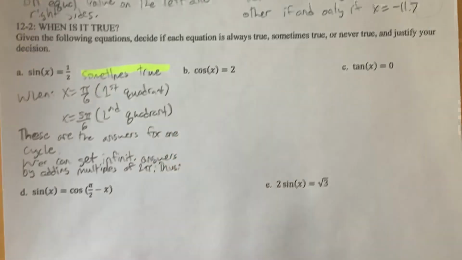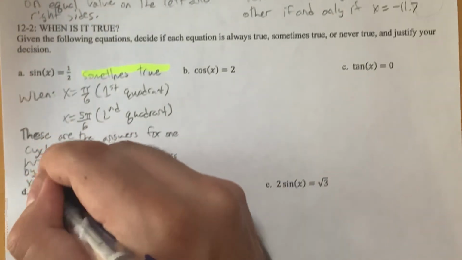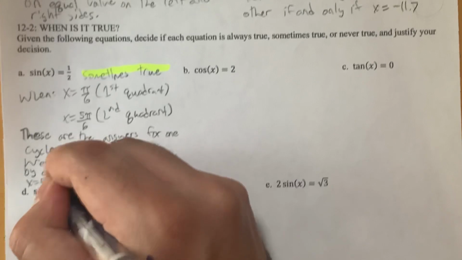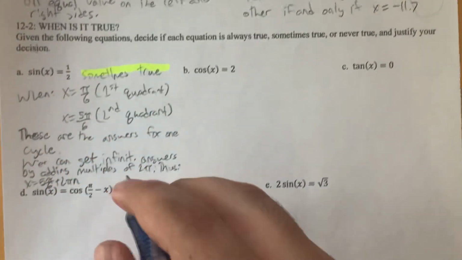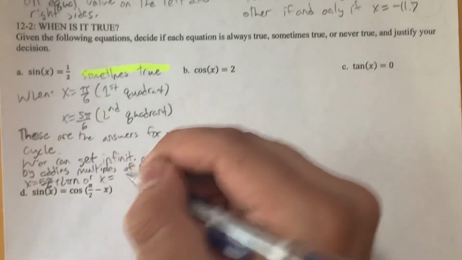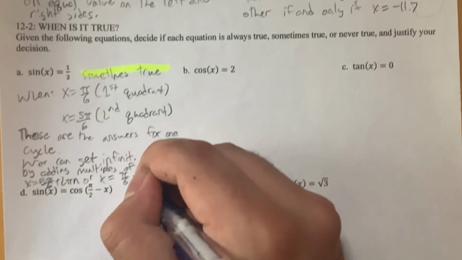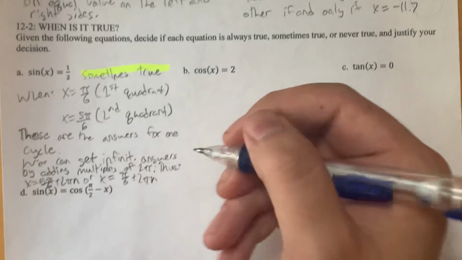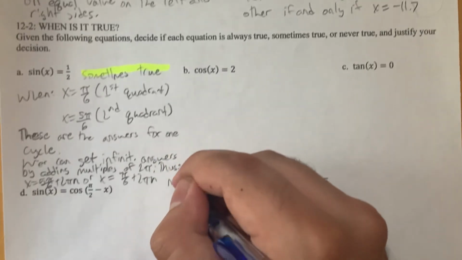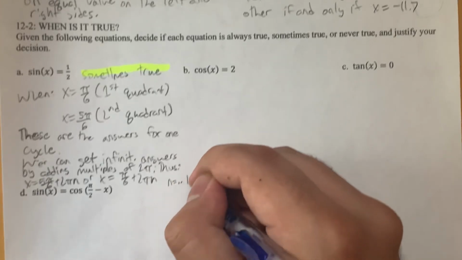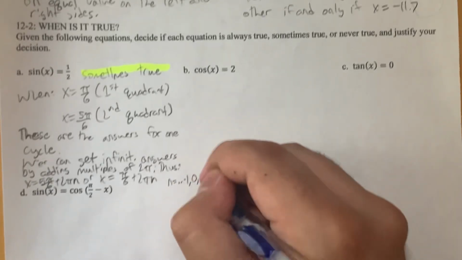Thus, x equals 5 pi over 6 plus 2 pi n, or x equals pi over 6 plus 2 pi n, and then n equals, -1, 0, 1.